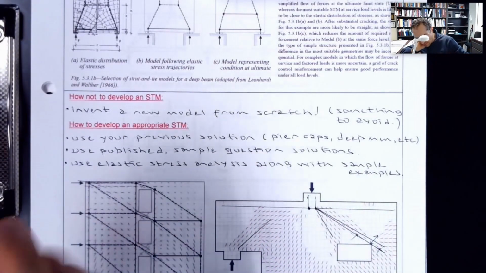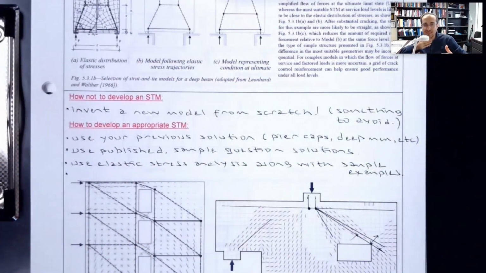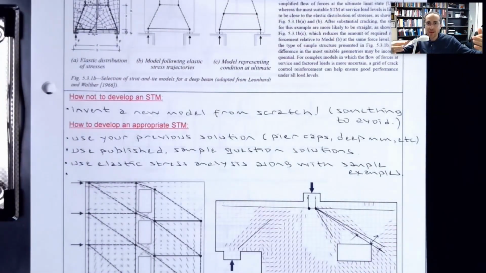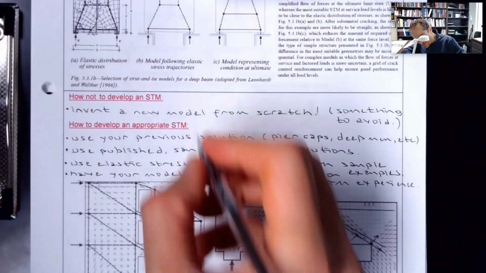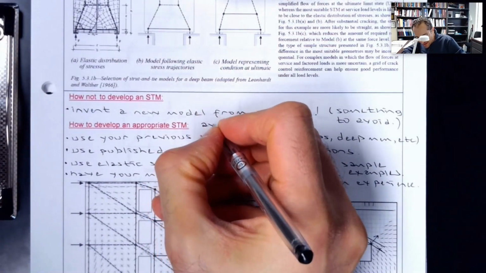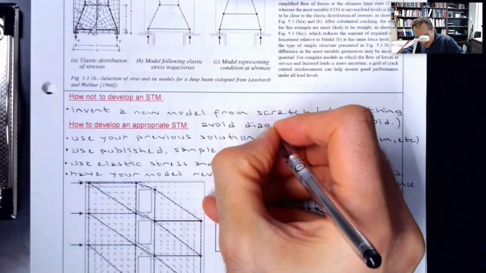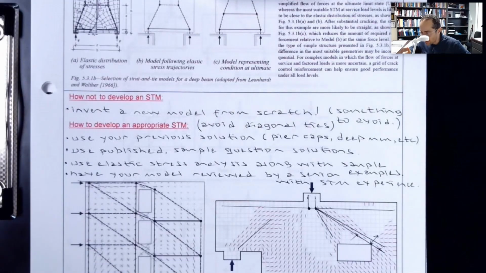So that is the other one. And of course, I'm sure you are doing this in your design projects. There is a senior, junior, have it reviewed by a senior person with experience. Also, maybe let's add another one, avoid diagonal ties, because in real life, we don't use diagonal reinforcement. So avoid diagonal ties unless you have diagonal reinforcement.